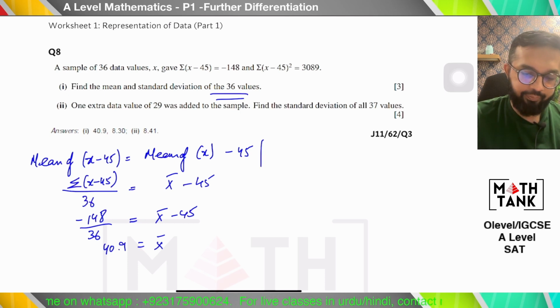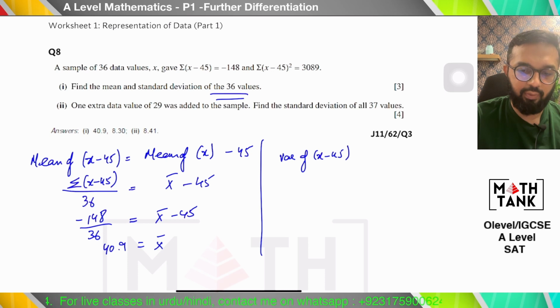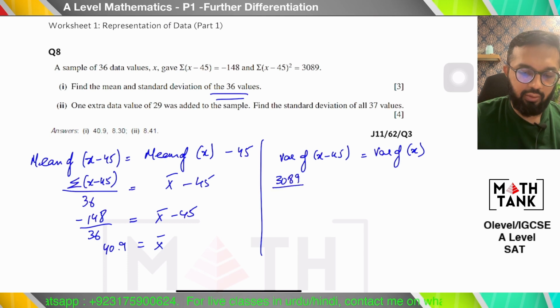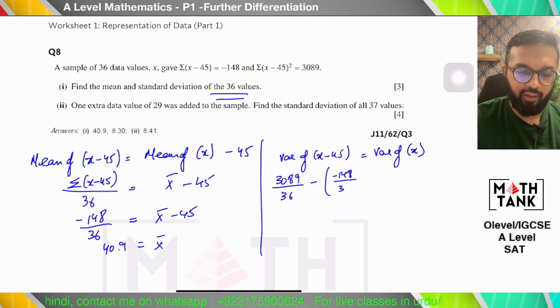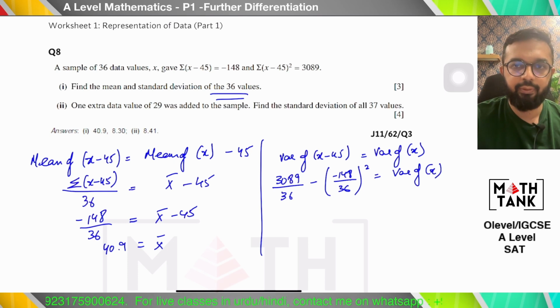Okay, that's one. Variance of x minus 45. So I get 3089 over 36 minus 148 over 36 squared, and that gives me the variance of x.